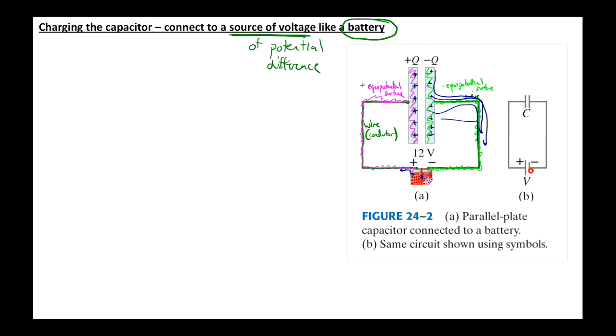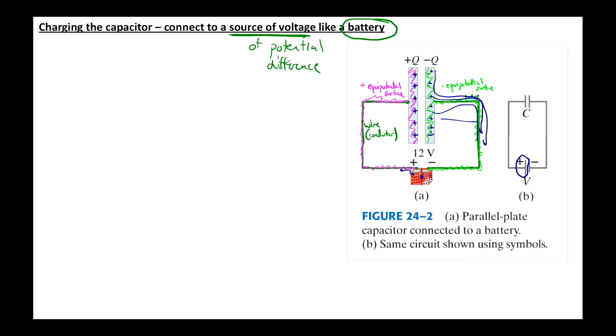Notice one of the lines is just a little shorter. The standard is that the longer line represents positive. That's the one thing you need to take away from that. If it helps, keep in mind these are both devices that can supply a potential difference, so it makes sense that their symbols would be somewhat similar. But the one with the shorter line is the battery. It's the one with the chemical magic inside.